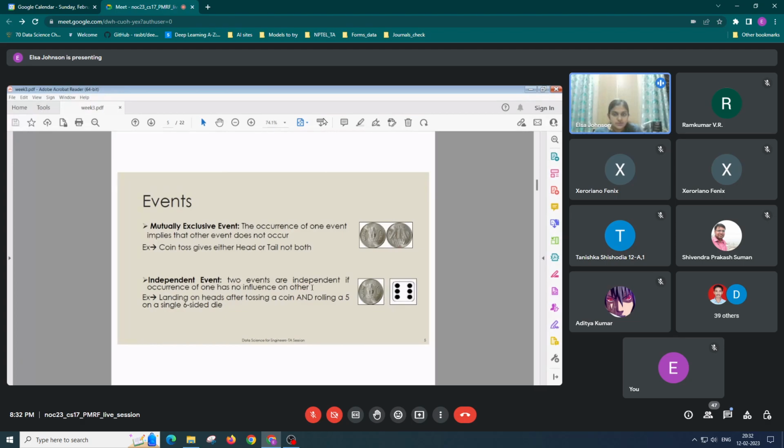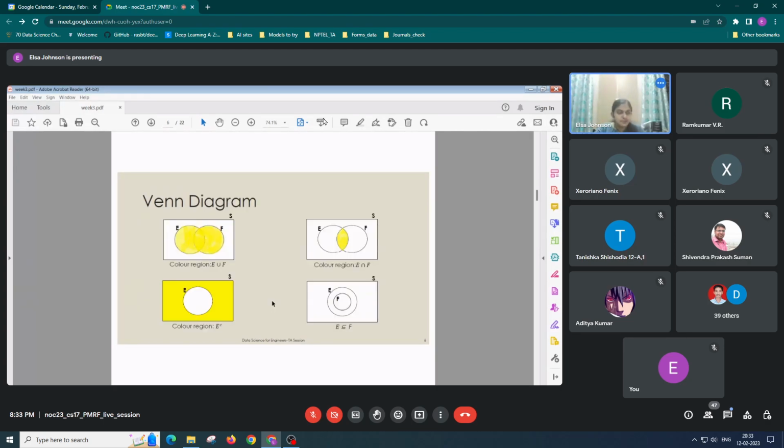And independent events: two events are independent if occurrence of one has no influence on the other. So landing on heads after tossing a coin and rolling a 5 on a single six-sided die would be independent events. Now these are some Venn diagrams. The first one is the colored region, I mean E union F, then E intersection F.